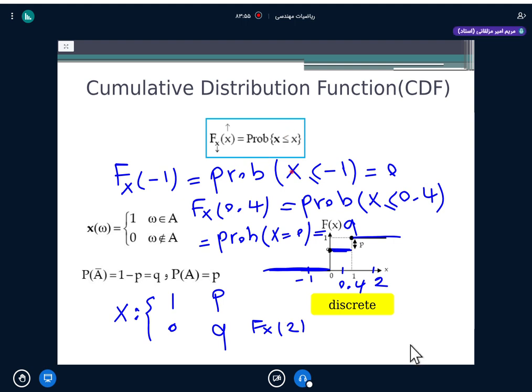According to the definition, it means the probability that the random variable is less than or equal to 2.